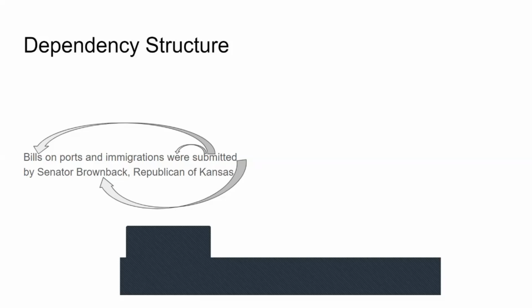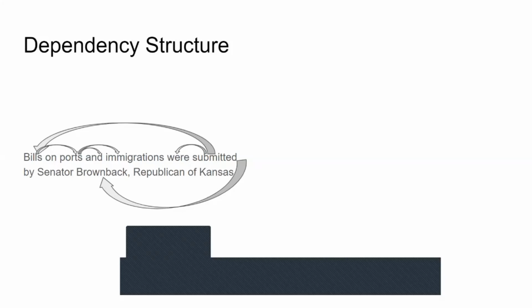And we know that the bill is on ports and immigrations. So these two things are telling us more about the bills. So ports should be a dependent of bills. And there's kind of a flat structure, because it's 'and' something. So immigrations is a dependent of ports, and wouldn't make sense without the word ports. So it's also a dependent of the word ports.